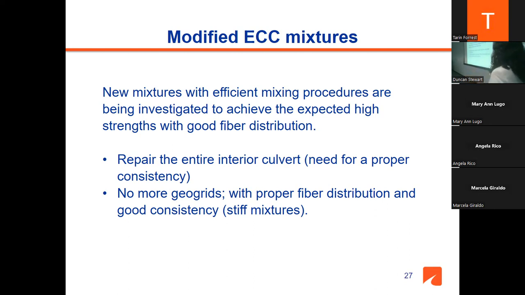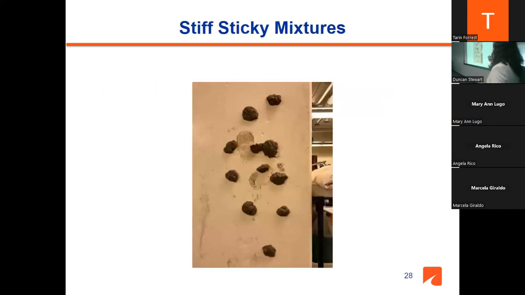So in the lab now, we are trying to mix stiff and sticky mixtures. If we can do that, and if we get a good mix design, then we can even fix the whole entire interior of the culvert.